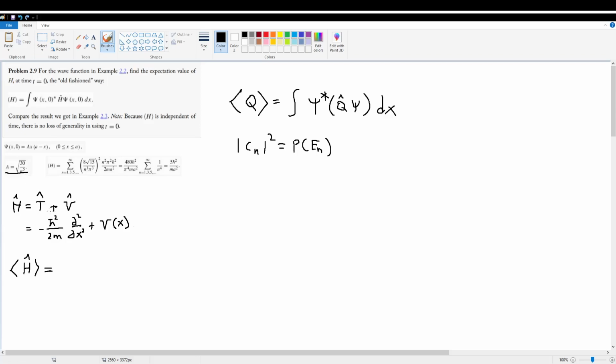A just gets multiplied by itself, so we have 30 over a to the power of 5 at the front. And then we have our integral going from 0 to a, because our wave function is only defined in that range. And we have psi x comma 0 star, which, since psi of x comma 0 star and psi of x comma 0 are equal, is just x times a minus x.